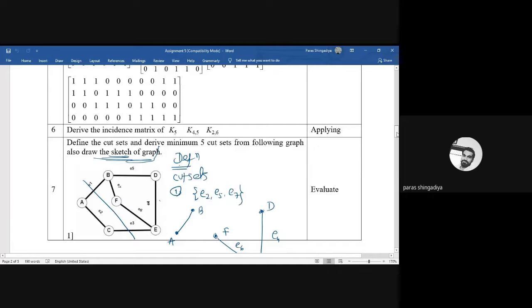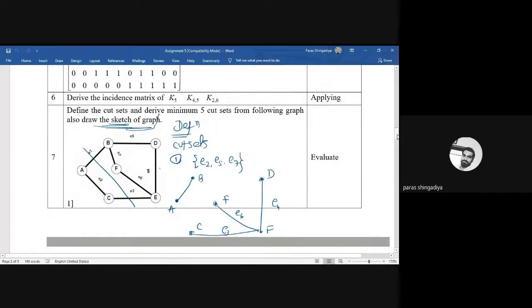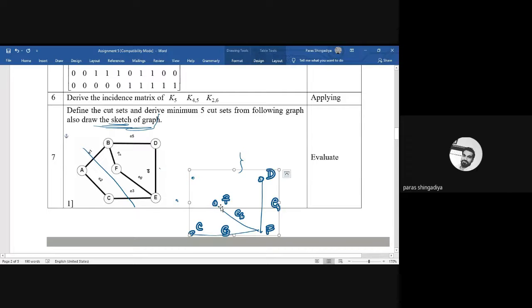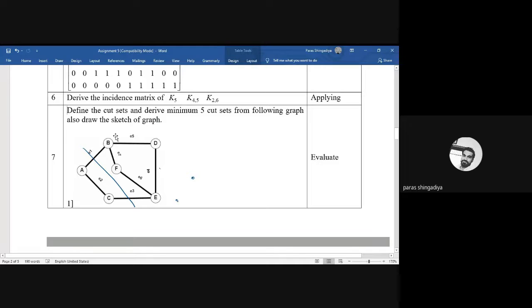Okay. Now let's start question number 7. In that, the concept of cut set is given. What is the meaning of cut set? Can anyone explain the meaning of cut set? Yes, what is the definition of cut set?